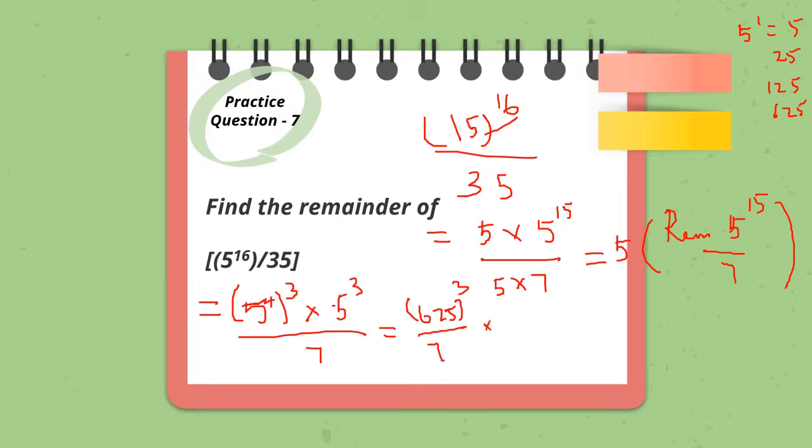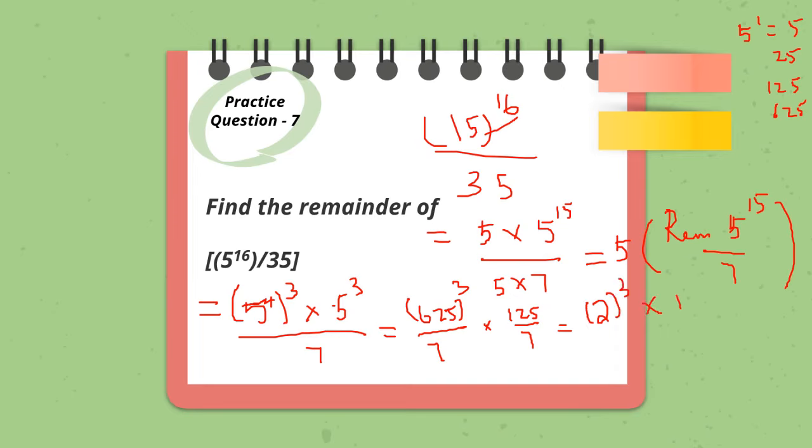So in both the cases I need to find the remainder. 625 divided by 7 will give me 2 as my remainder. So 2 to the whole cube, into 125 divided by 7.